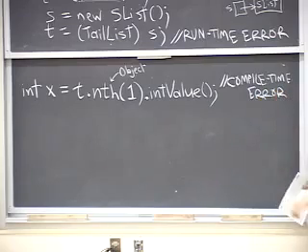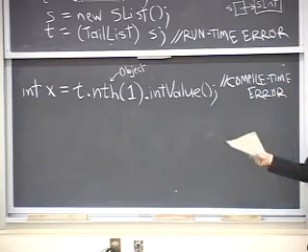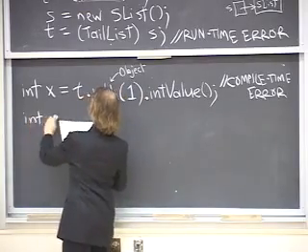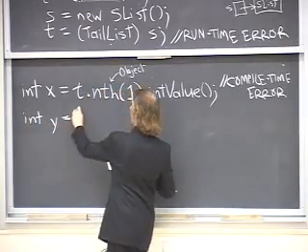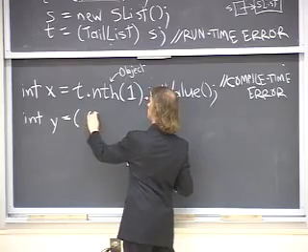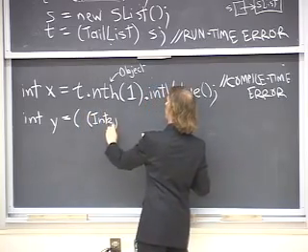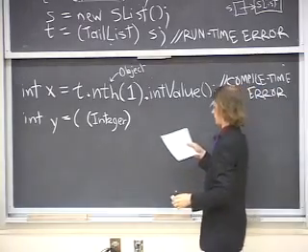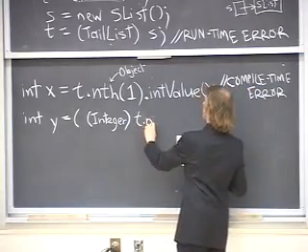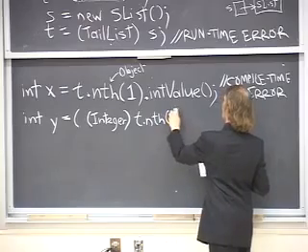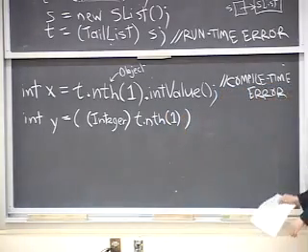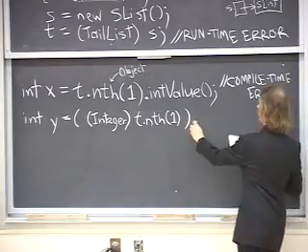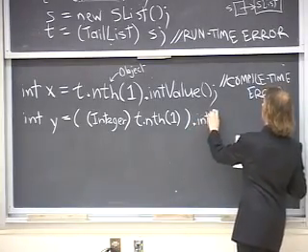And so the smoothest way to get this to work without having to change this into two lines of code and define an extra variable is to stick a cast right in the middle of things like this. I have a big bracket even before the cast. So I'm casting to an integer object t.nth(1). And I have to put all of that inside parentheses before I call the intValue method.